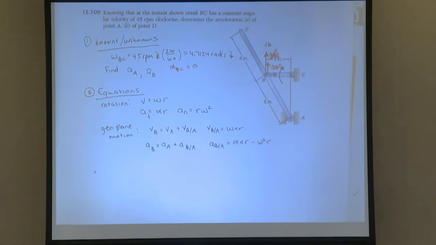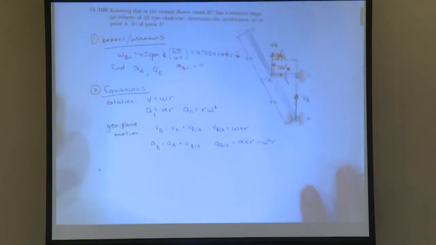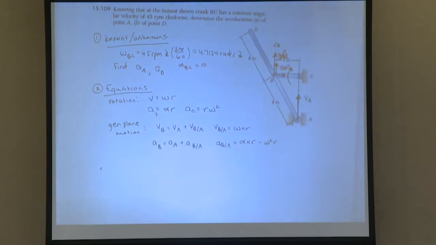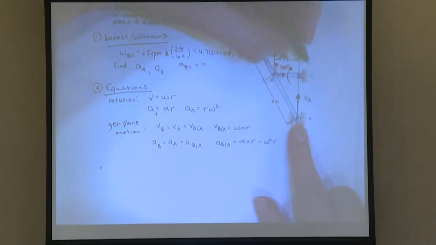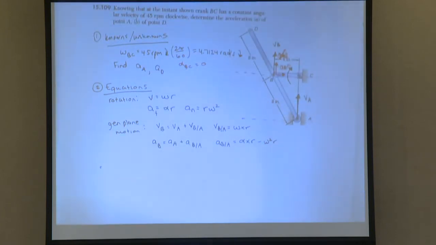Very good. So this problem actually had a trick to it. Do you guys see at the instance shown that B is moving perfectly straight up? Which way is A constrained to move? It can either go up or down. So let's say it's going up. Do you remember that instantaneous center problem that we just did? If I were to try to draw perpendicular lines to both of these, let's see what happens. So I'll have a line like this, and I'll have a line like this. And they never cross.